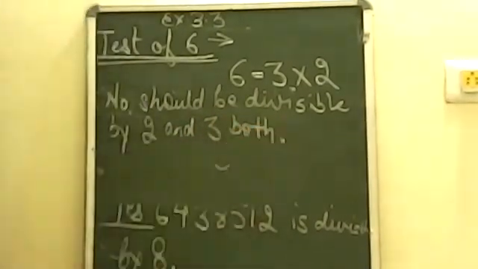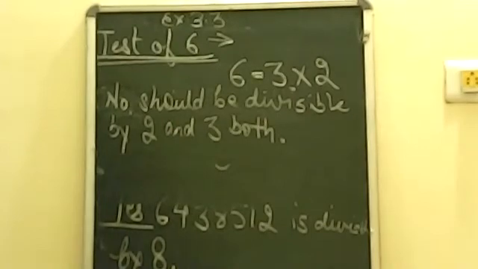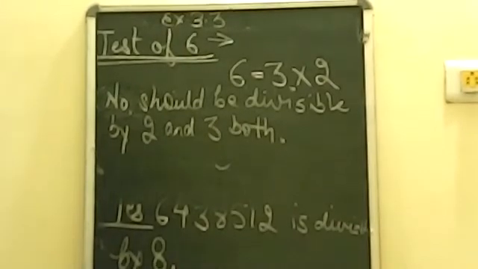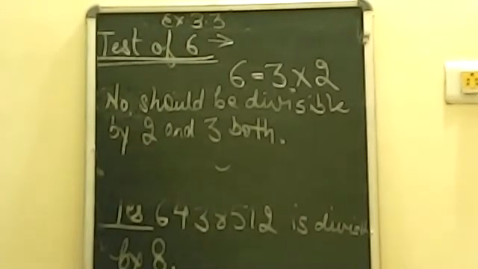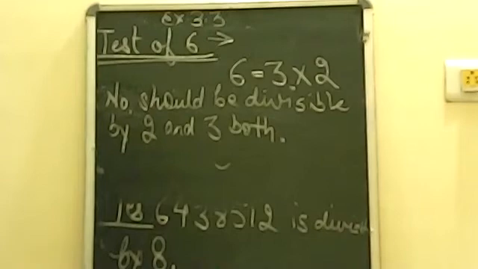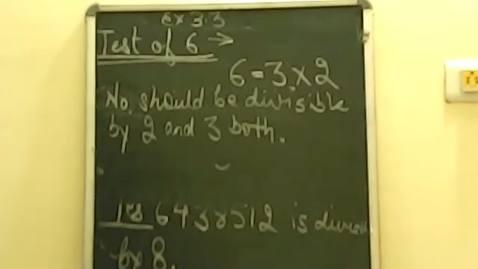Now always remember, for the divisibility test of 6, it is important to check the test of divisibility of 2 and 3. अगर कोई भी ऐसा नंबर है बेटा जो 2 से भी डिवाइड हो सकता है और 3 से भी डिवाइड हो सकता है, तो बिना चेक किए आप लिख दो कि यस मैम इट विल बी डिविजिबल बाय 6 आल्सो. ठीक है, रिमेंबर कोई भी ऐसा नंबर जो 2 से डिविजिबल है और 3 से भी डिविजिबल है, सो बेटा वो नंबर 6 से जरूर डिविजिबल होगा.